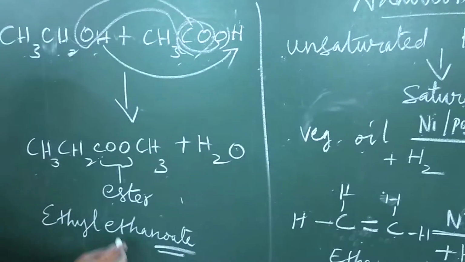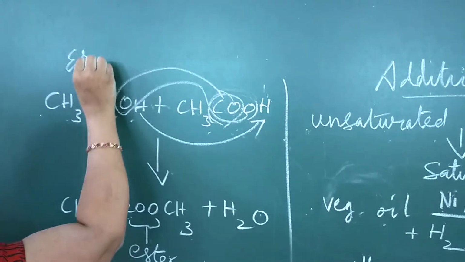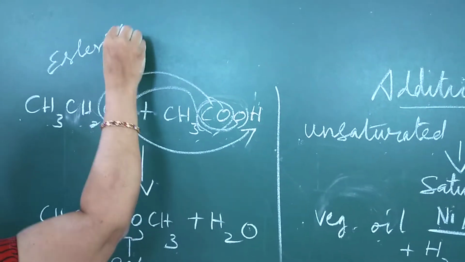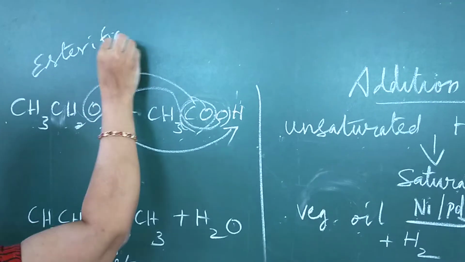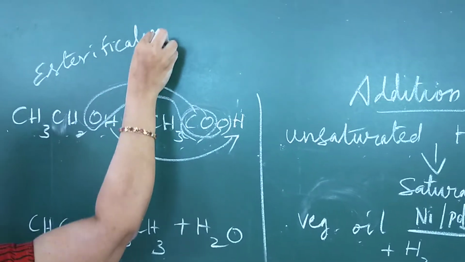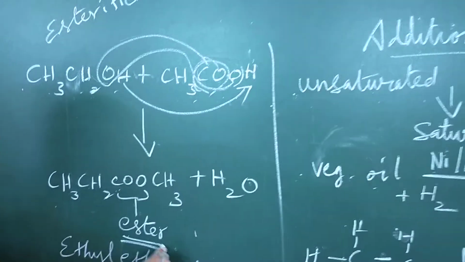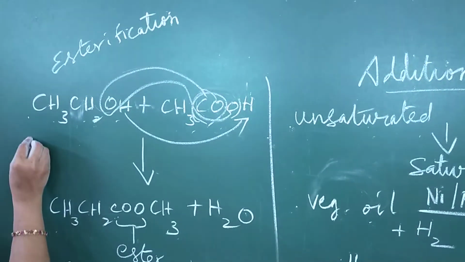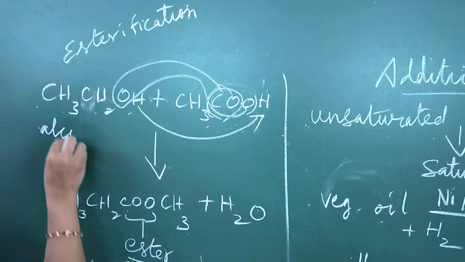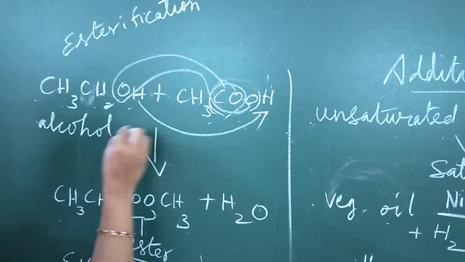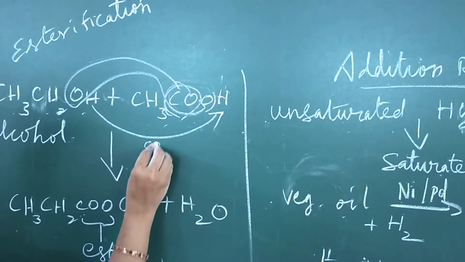Now what happens? This is known as esterification reaction. Why do we know as esterification reaction? What is formed? Ester is formed. When is the ester formed? Alcohol react with carboxylic acid.